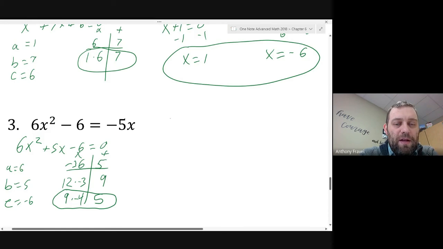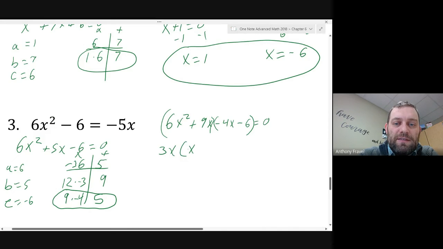So this is the part where I get to work this one out again. I get 6x squared plus 9x, because I'm bringing these ones up, minus 4x minus 6 equals 0. I'm going to put parentheses around those like terms, or those groups, to try to find like terms. This one, I can take out a 3x from both of them.